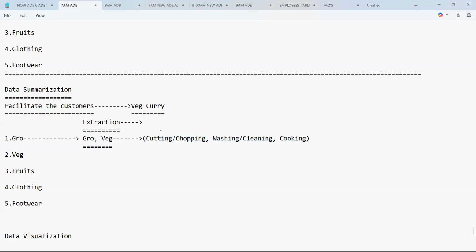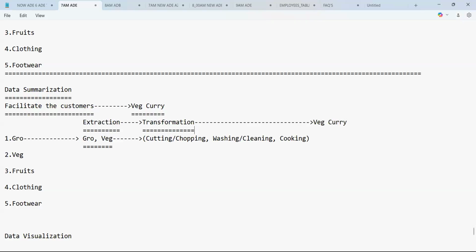So you are changing the form, and this process is called transformation, that is, changing the form of the products. Once the cleaning, cutting, chopping and cooking is done, finally it results in the vegetable curry.